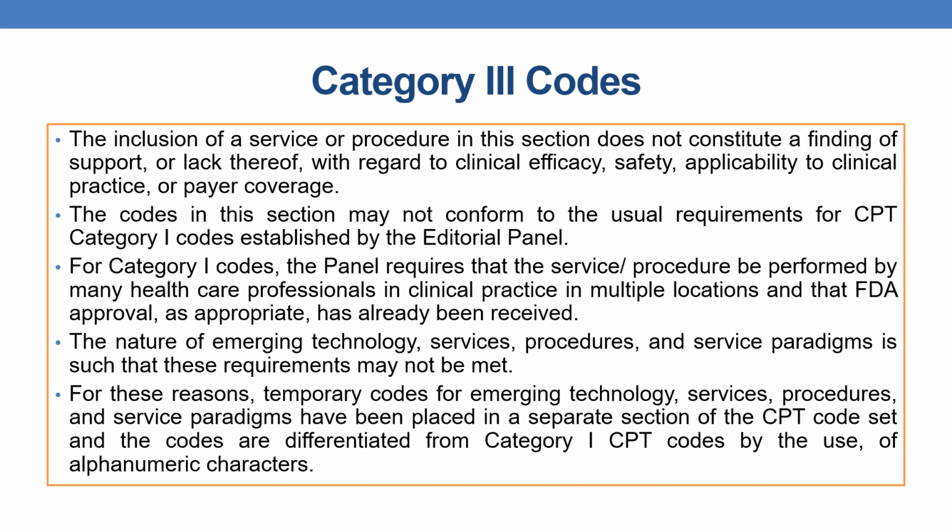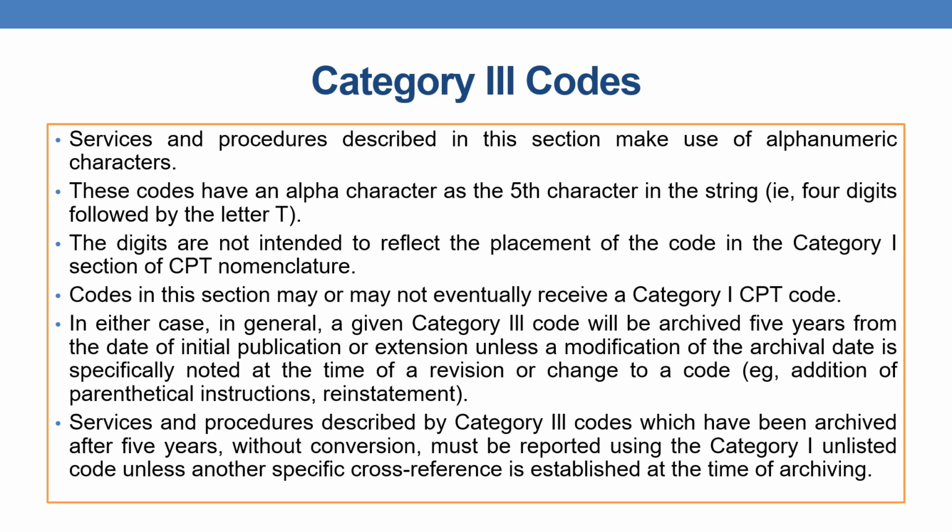One important note regarding category 3 codes is that these codes have an alpha character as the fifth character in the string: 4 digits followed by the letter T. The fifth character will be T for category 3 codes. And the digits are not intended to reflect the placement of the code in the category 1 section of CPT nomenclature. The codes in this section may or may not eventually receive a category 1 CPT code.